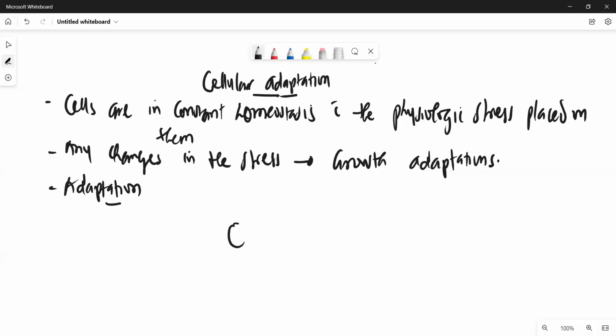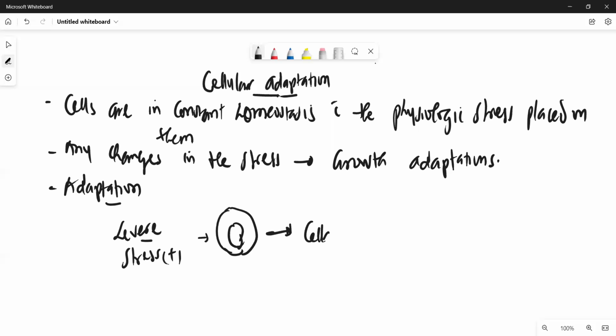So for instance, let's say this is our cell. If this cell is exposed to a particular stimulus, in this case maybe some severe stress, this cell can adapt to the stress in different ways, maybe by getting bigger in size or increasing in number, or maybe even changing from one type of cell to another type of cell, which is what we call cellular adaptation.